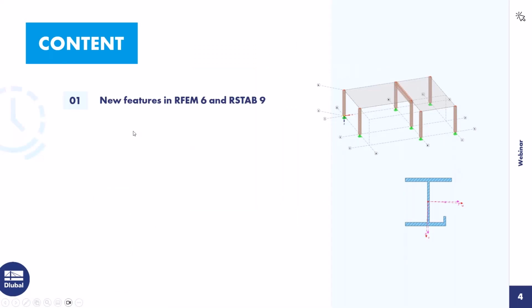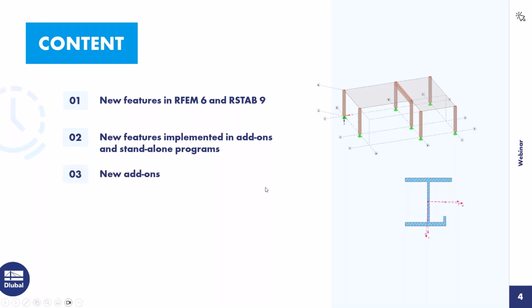Then I come to the agenda today. The first point is new features in RFEM 6 and RSTAB 9. I introduce some features that we implemented in about the last year. Then new features implemented in the add-ons and standalone programs. The first point is for features that are directly in the main program, and the second for features in the add-ons and standalone programs.